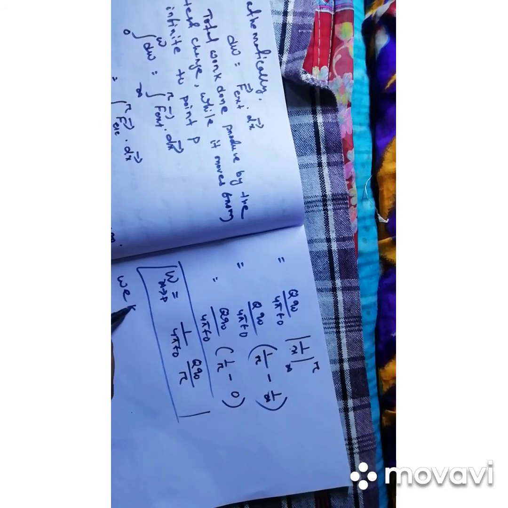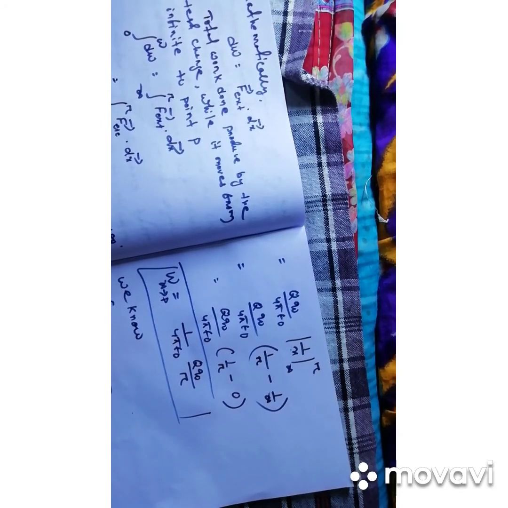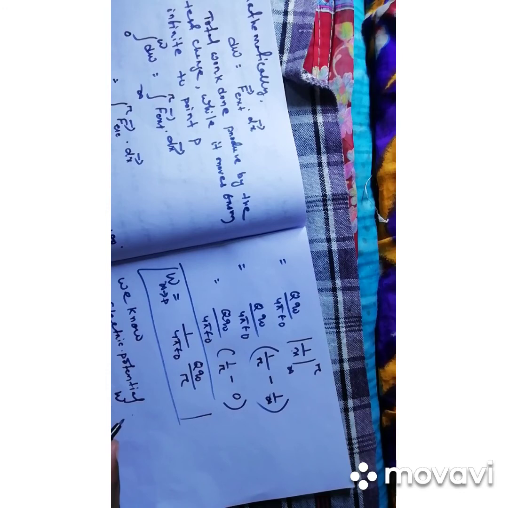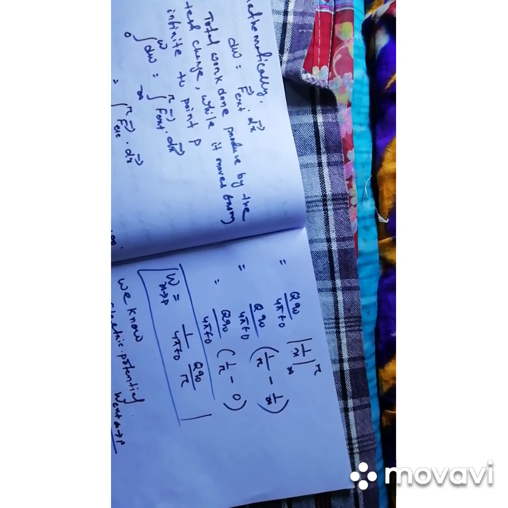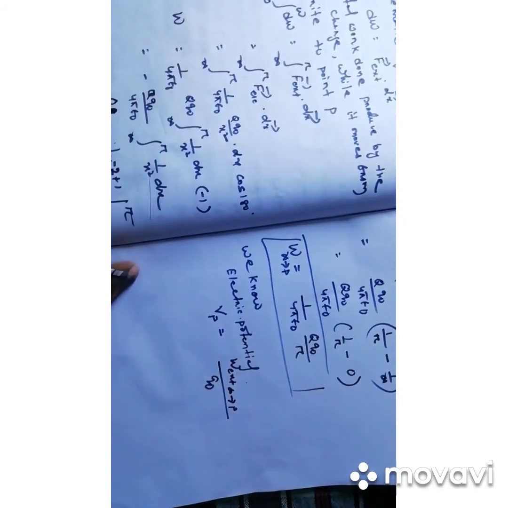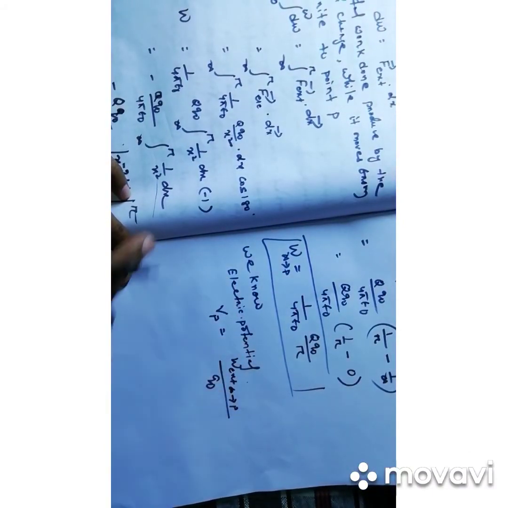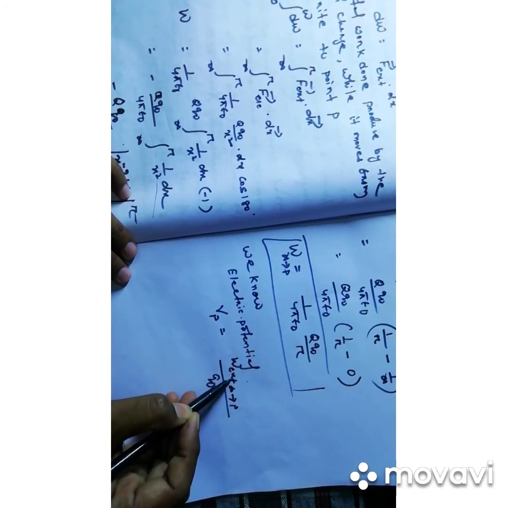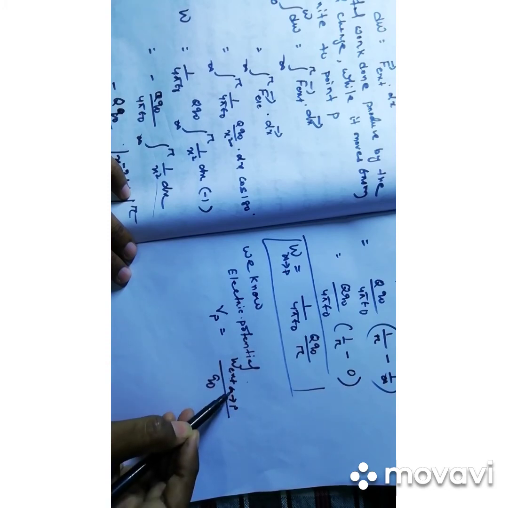We know electric potential V at point P is equal to the total work done by the external agent while the charge moves from infinity to that point P, divided by the test charge. That means electric potential is given by Vp equal to the total work done by the external agent, that is the external force, while the test charge moves from infinity to point P, divided by the test charge.